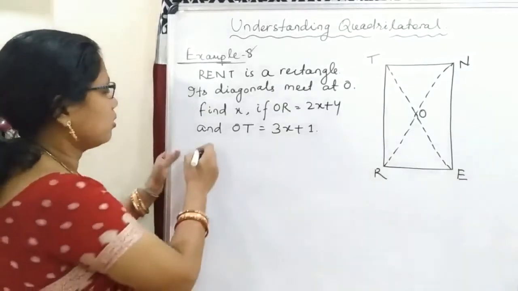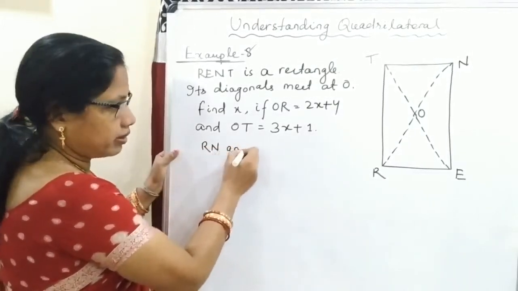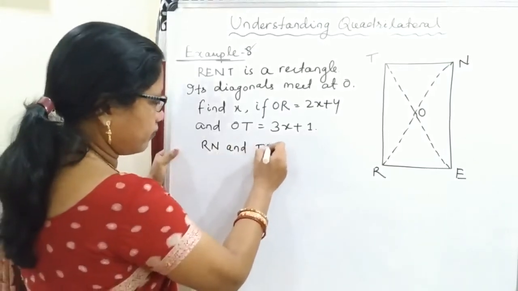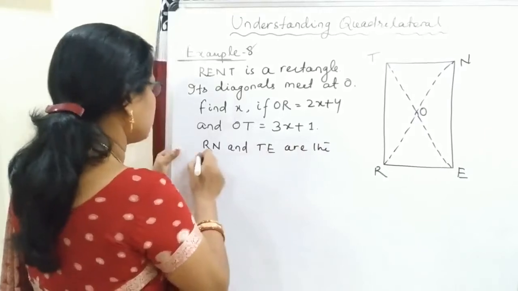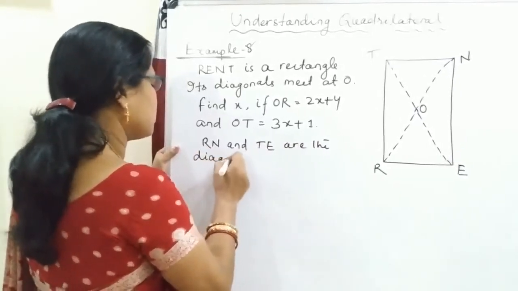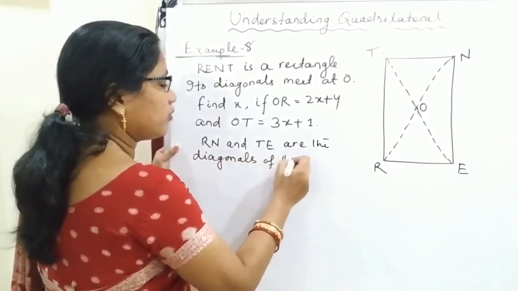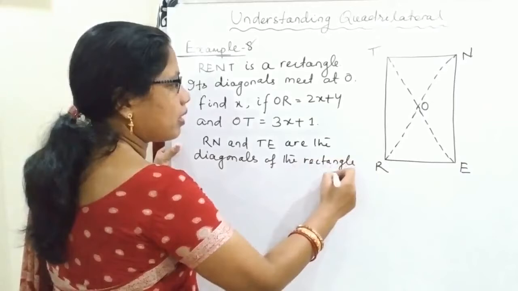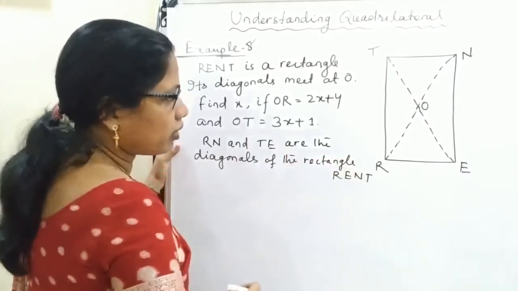So here RN and TE are the diagonals of the rectangle RENT. So what is given?